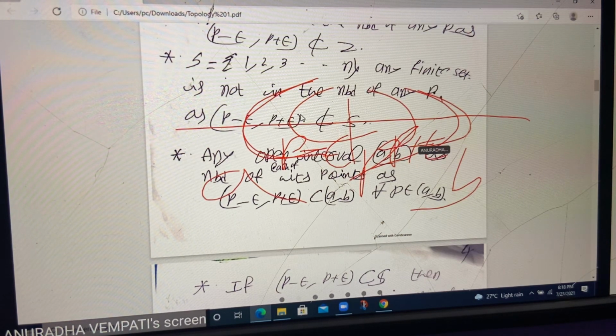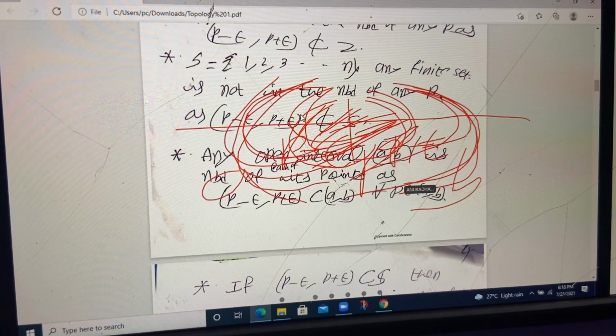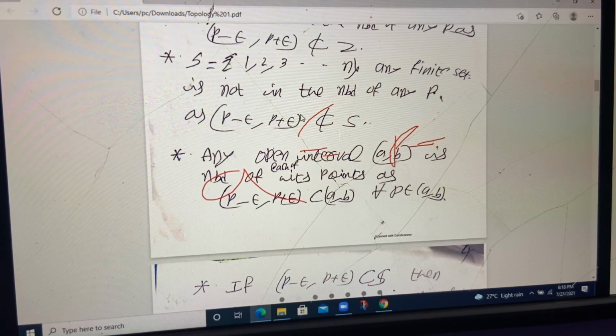If you take P minus epsilon and P plus epsilon, is every element present in this or not? So the open interval AB contains all reals. This also contains all reals, but every point here is within this interval. Therefore, we say that every point of AB is an interior point, and the open interval is in the neighborhood of each of these points.